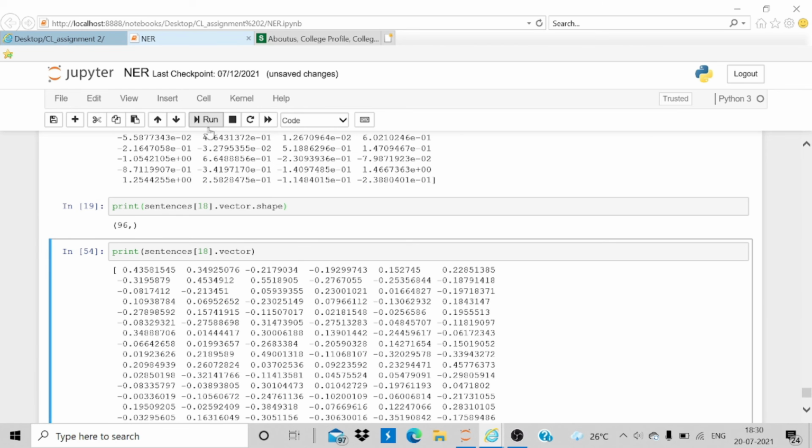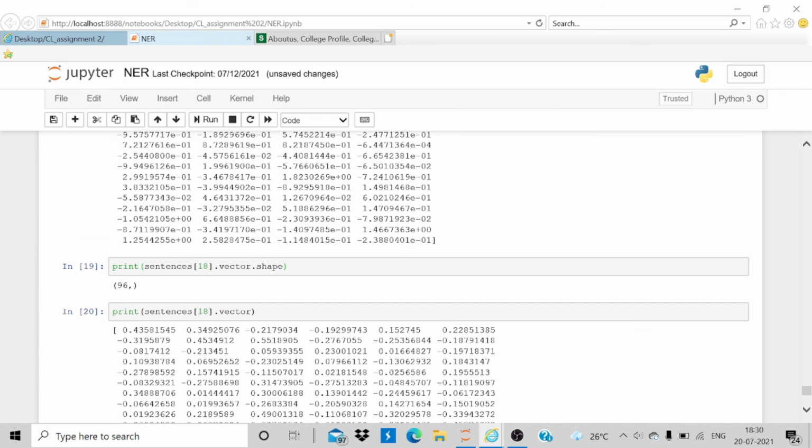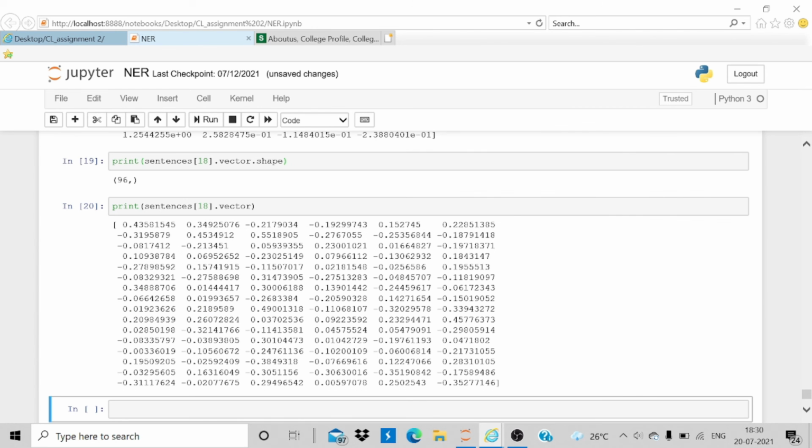So my vectors for sentence 18 look like this. It consists of 6 columns here. Okay, this is how we are converting a sentence into numerical expressions which will be used for further processing in a computer.